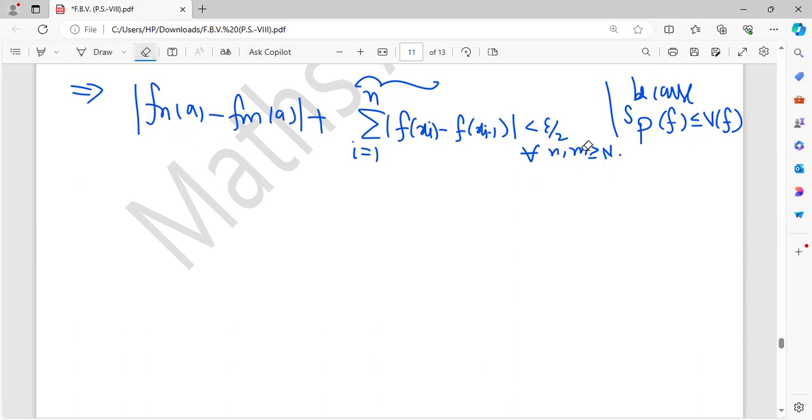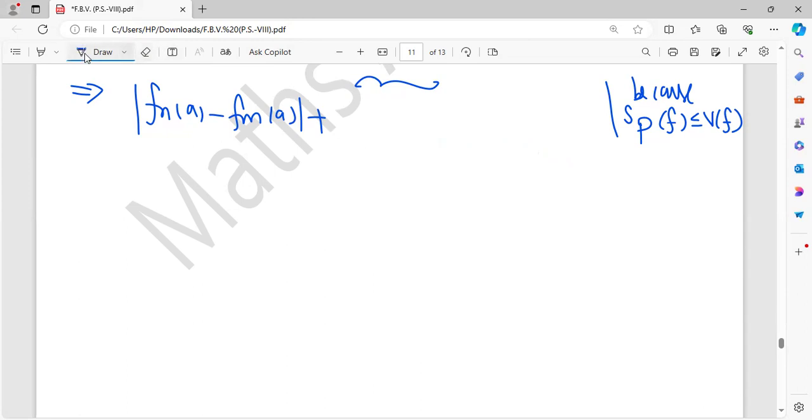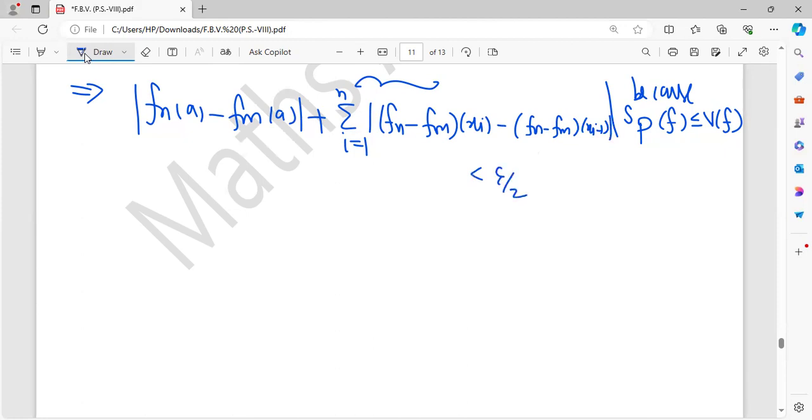I should write here the summation over i from 1 to n of (Fn minus Fm)(xi) minus (Fn minus Fm)(xi minus 1), that is less than epsilon by 2 for all n and m greater than capital M.